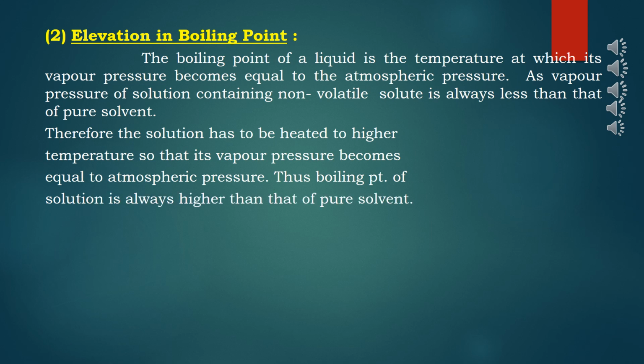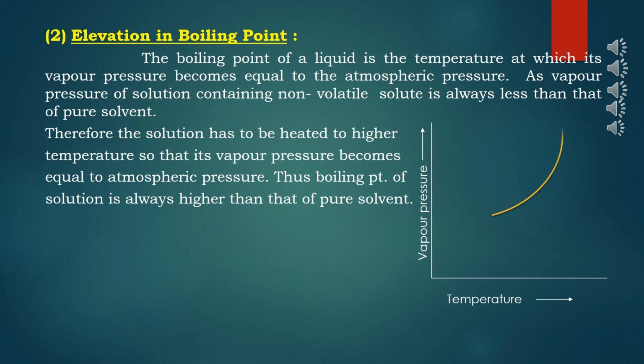So if we plot a graph between vapor pressure and temperature, we take temperature along the horizontal line and vapor pressure along the vertical line. The yellow curve shows the variation of vapor pressure of solvent with temperature.